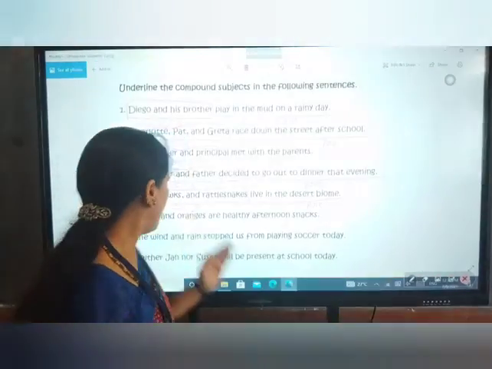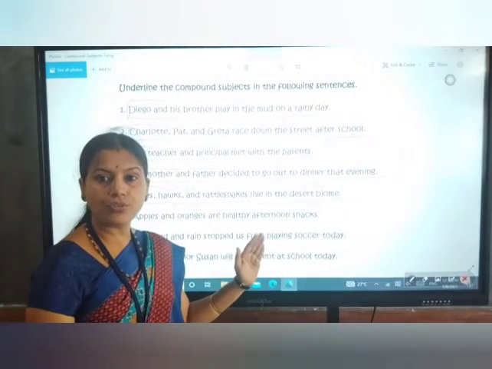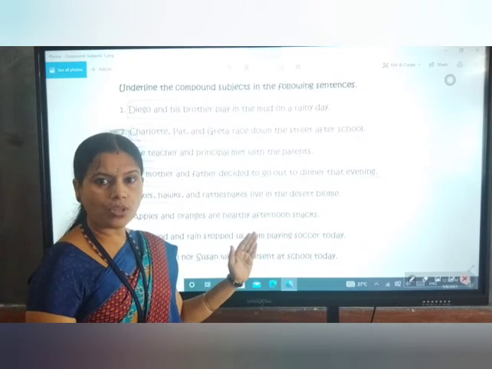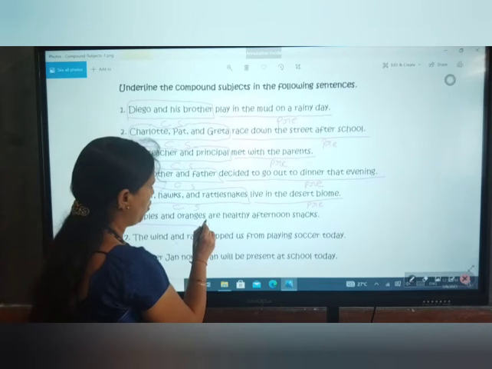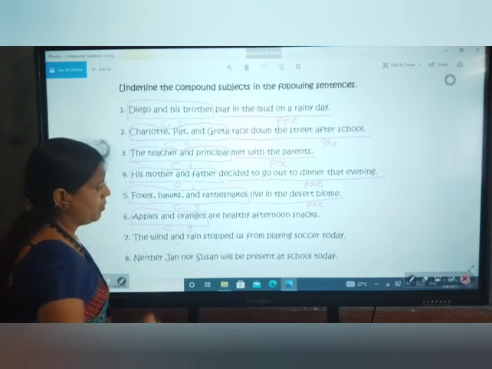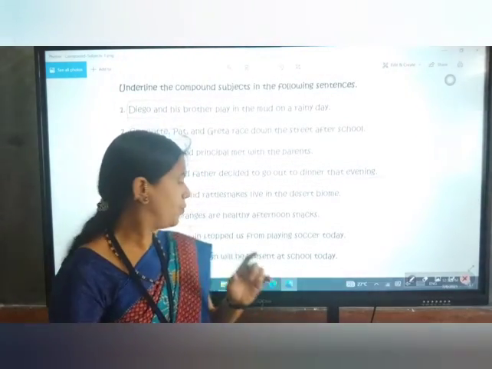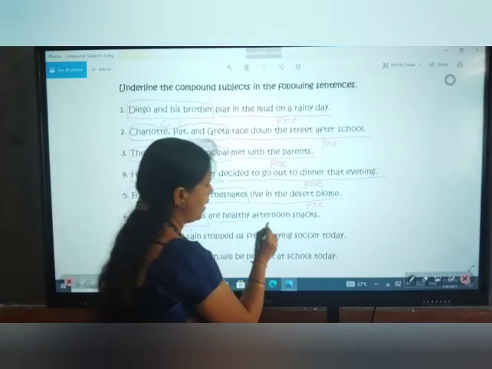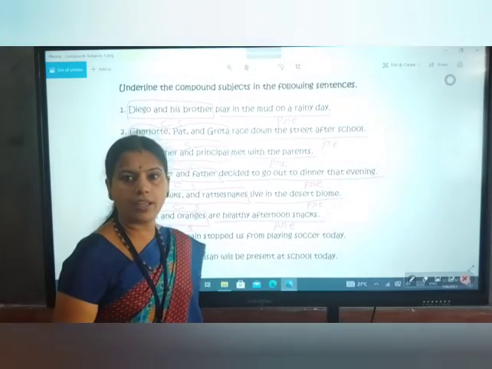Got it? So next, apples and oranges are healthy afternoon snacks. Here we are talking about two fruits, that is apples and oranges. We can call this one as compound subject because it is having more than one noun. And the remaining, are healthy afternoon snacks, we can call as predicate.